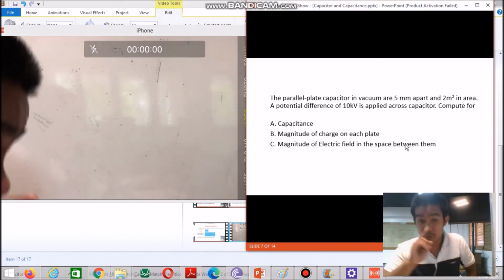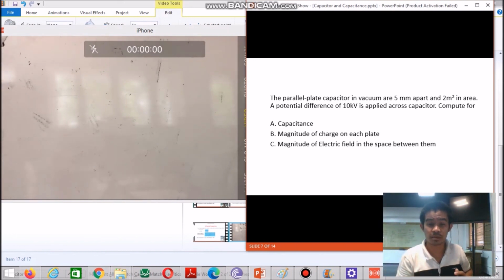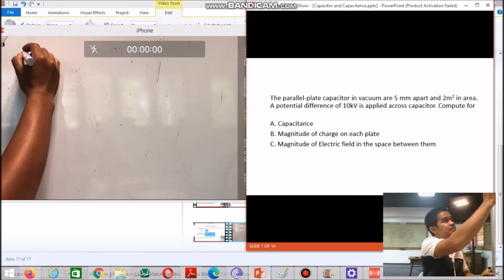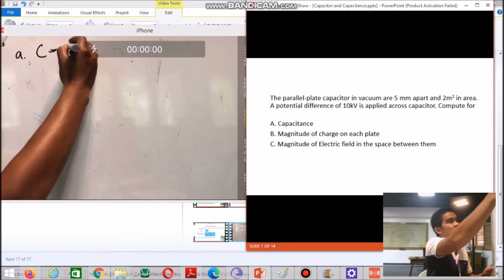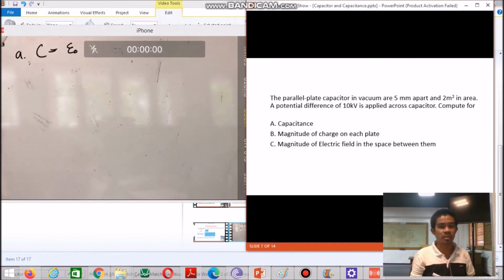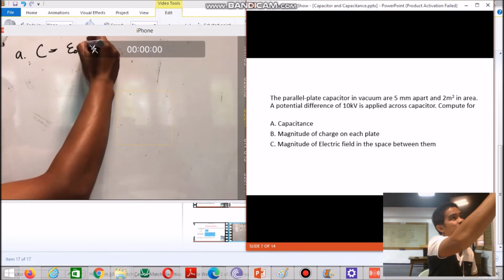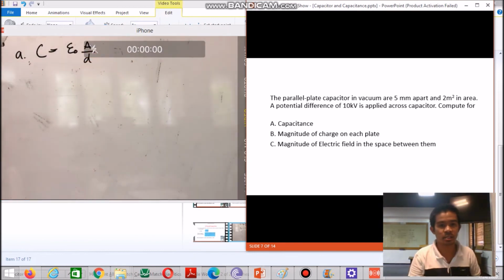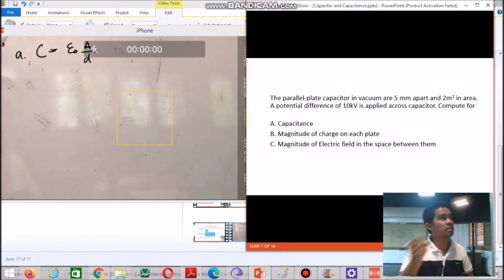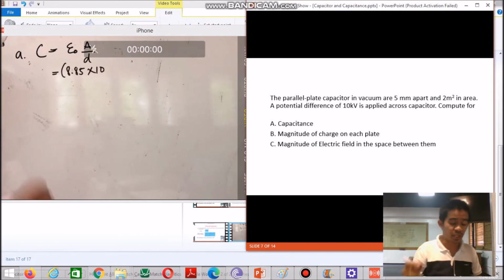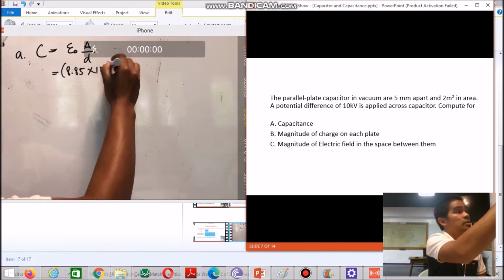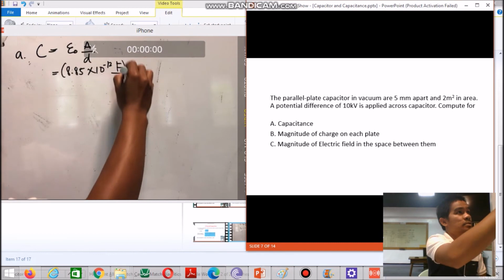Alright, let's solve first for the capacitance. Letter A. Capacitance is the permittivity of free space times area over the distance between the two plates. The permittivity of free space is a constant, equal to 8.85 times 10 to the power of negative 12 farad per meter, times the area.